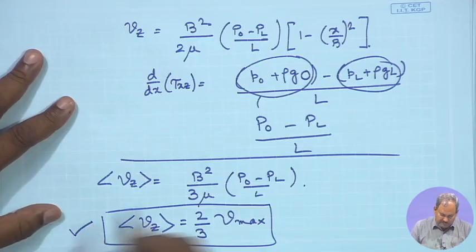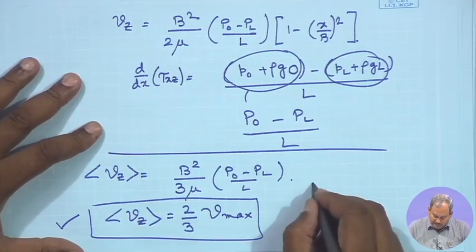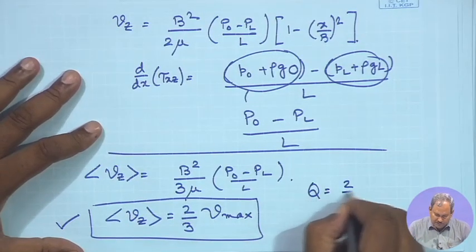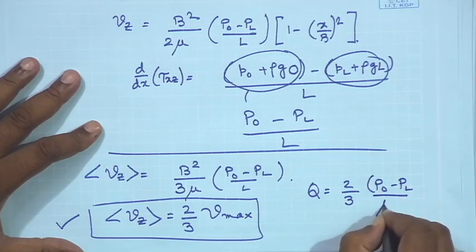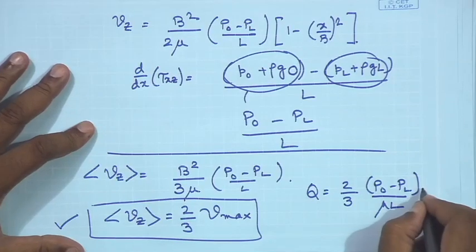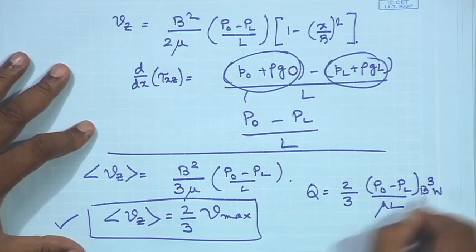So, you should check this out as well, and the volumetric flow rate would be equal to 2 by 3 times P naught minus P L by mu L times B cube W.